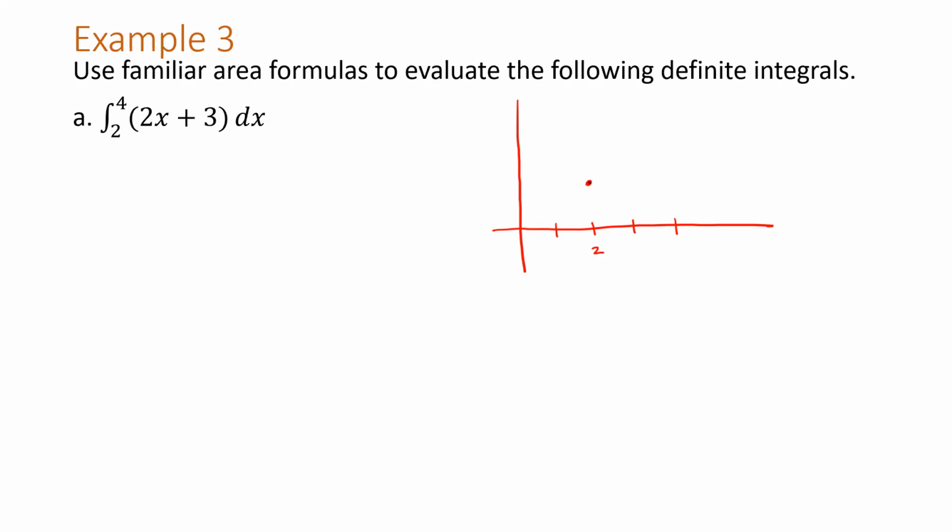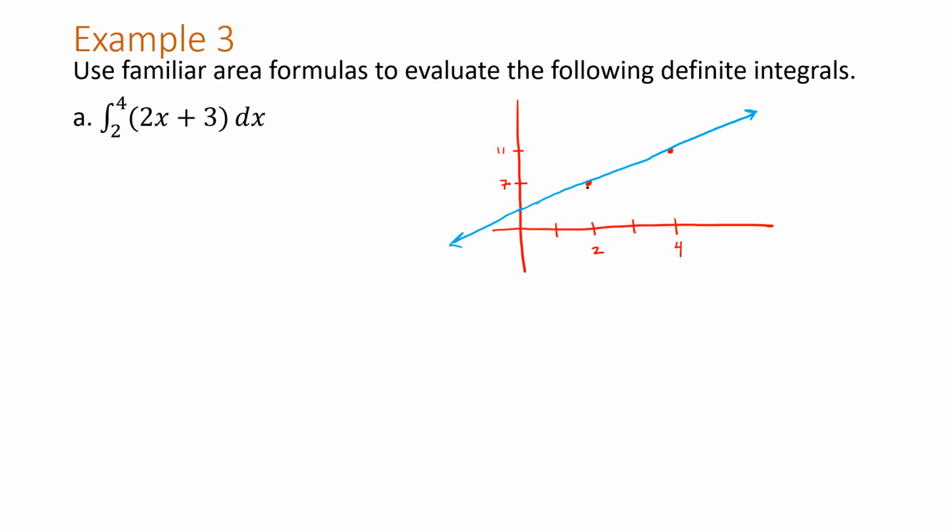So it passes through the point 2, 7 here. And then when x equals 4, 2 times 4 is 8 plus 3 is 11, right? So at x equals 4, it's 11. So the line itself would just be some straight line here.